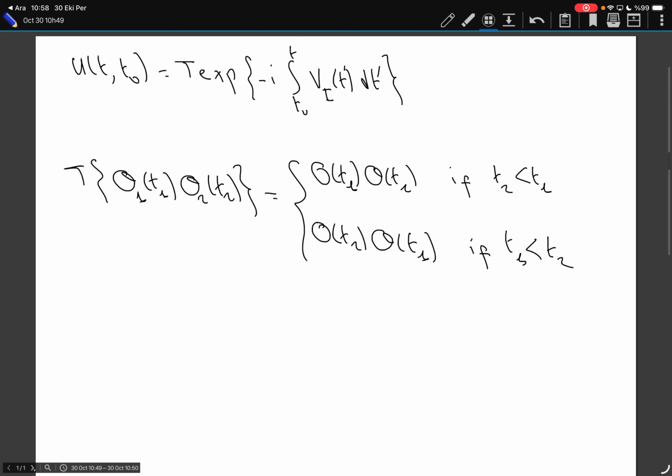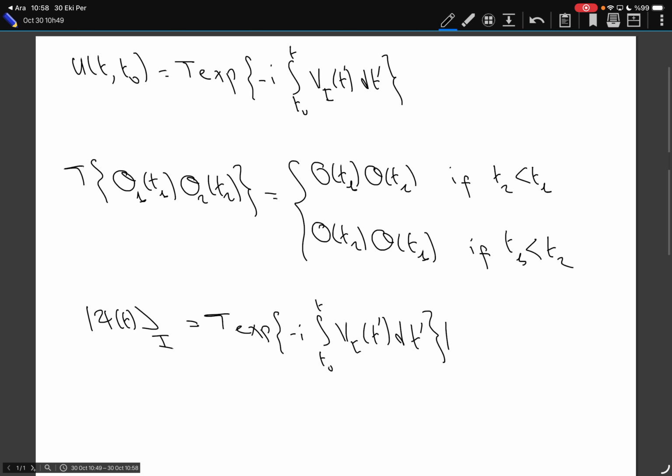Anyway, let's continue along this line. So this is my wave function at the time t in the interaction picture: the time-ordered exponential of minus i, integrated from t0 up to t, V_I of t prime dt prime, acting on psi of t0. Now, what does this mean?